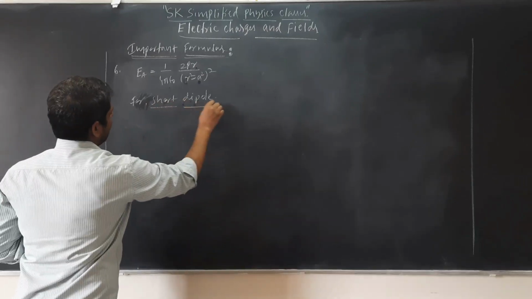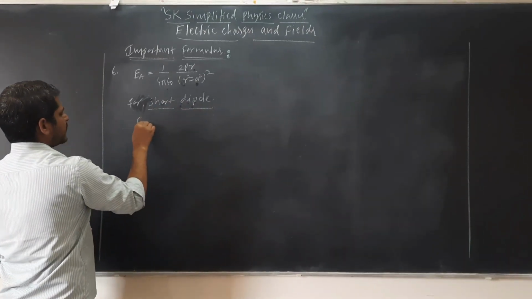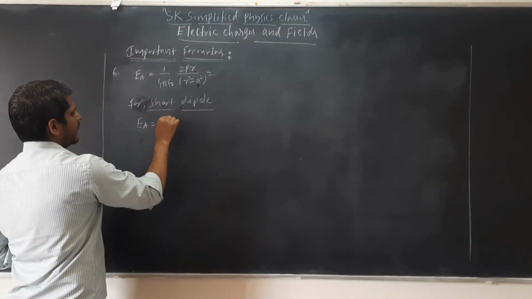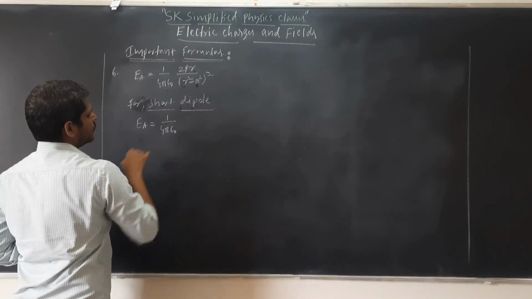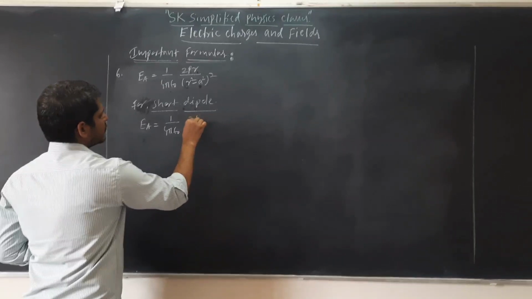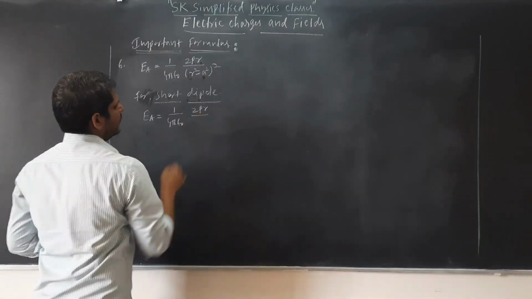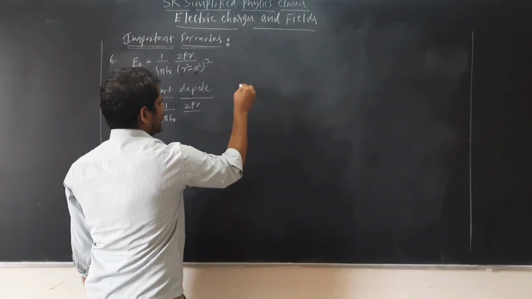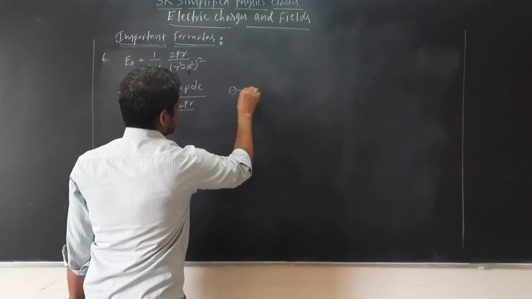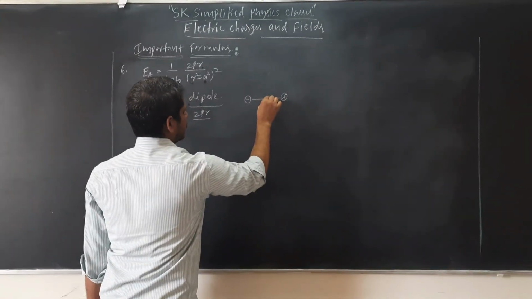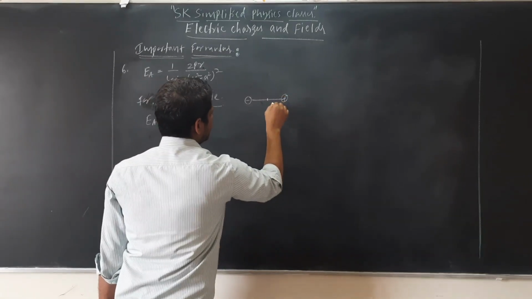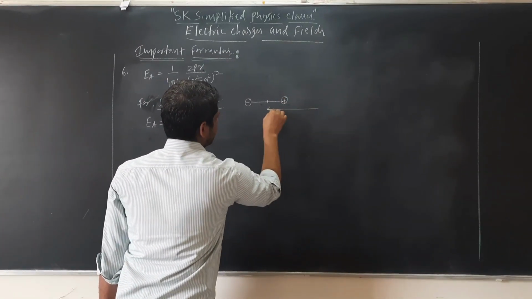For a short dipole, the expression is given by E_axial = (1 / 4 pi epsilon naught) times 2pr divided by (r square minus a square) whole square, when the length of the dipole is very small compared to the distance at which we calculate the electric field.